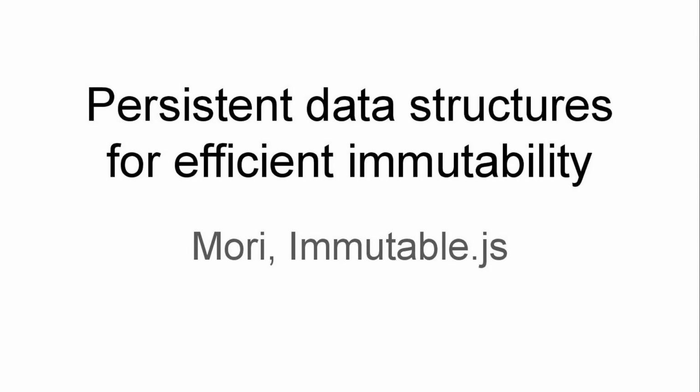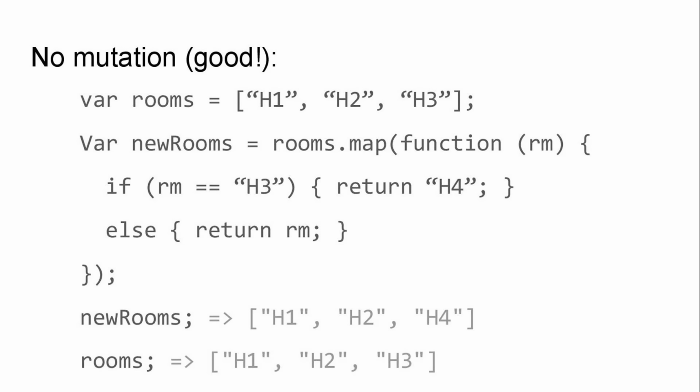The problem with immutability is that when you're treating arrays and things like that as immutable, what you end up doing is making new copies of everything. So if I want to change one room in this list, I have to make a whole new array. When you're dealing with short little things like this, maybe that's not a big deal. But as your objects get bigger and more complex, this can give you efficiency problems.